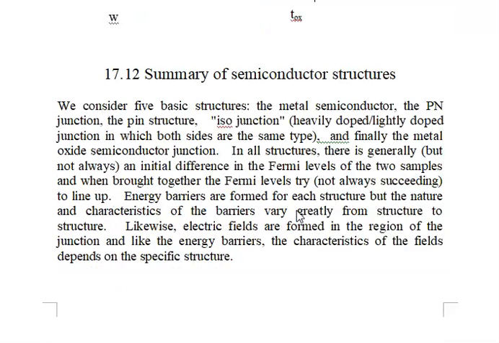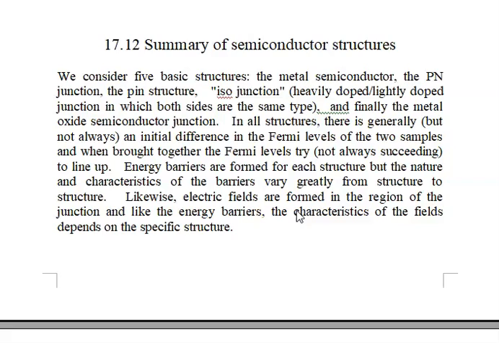Okay, so this I'll allow you to read pretty much on your own. This is kind of a basic summary of all the structures we've been covering, and I've highlighted 5 of them. There are some others which we haven't covered, but these are the 5 probably most important ones.